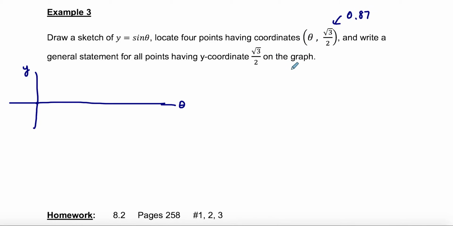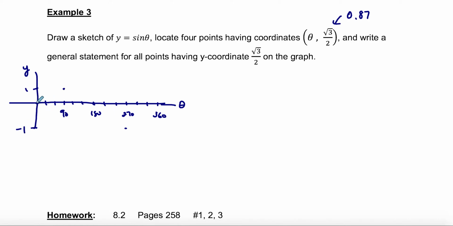They're asking, and it's positive, so where on this graph would our sine function hit a certain angle horizontally, but vertically be at 0.87. Our function started at 0, and at 90 we were already up at 1. And at 180, if we're drawing a sketch, we were back at 0. 270, we were at -1.